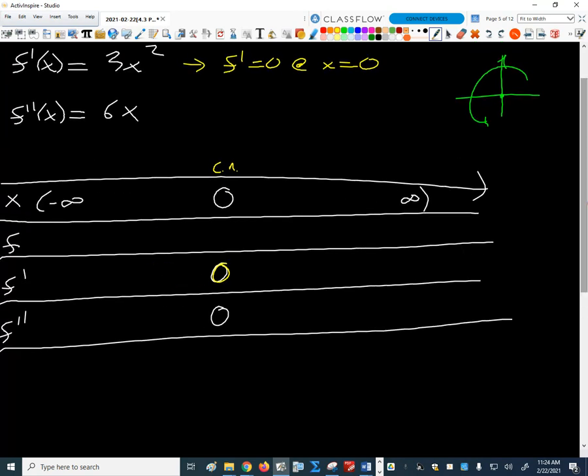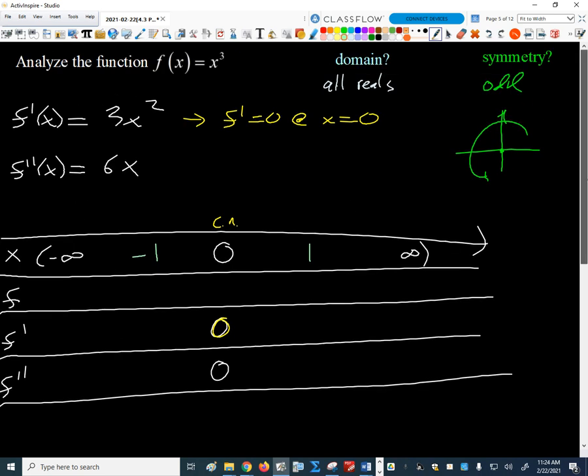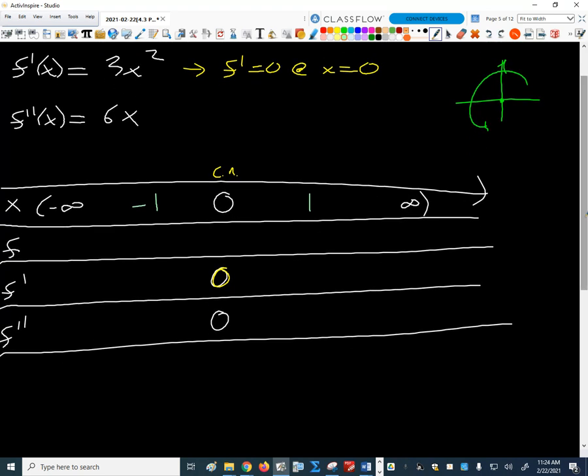But if I just want to determine if this is an inflection point, then I could apply test values of the second derivative around this 0. Either one, they both work, right? Let's pick values like -1 and +1. When I evaluate the second derivative at -1, I get a negative value.